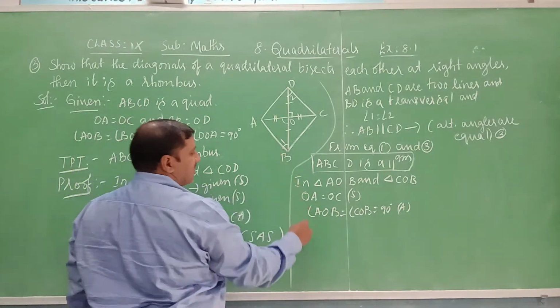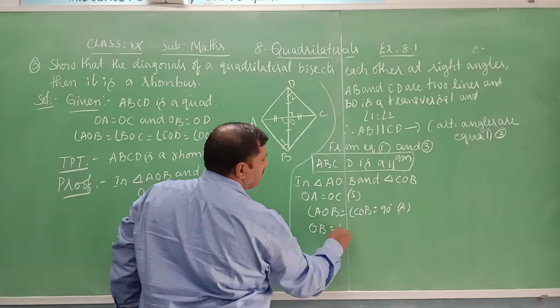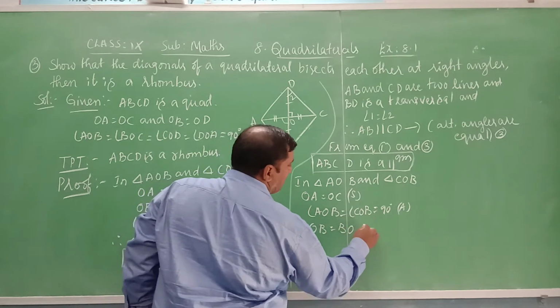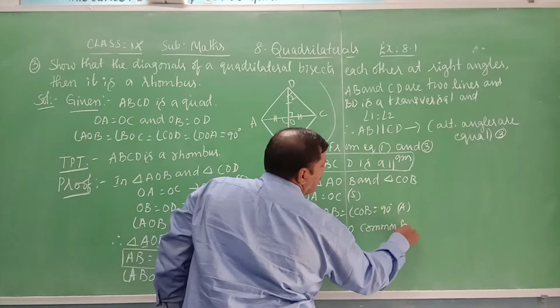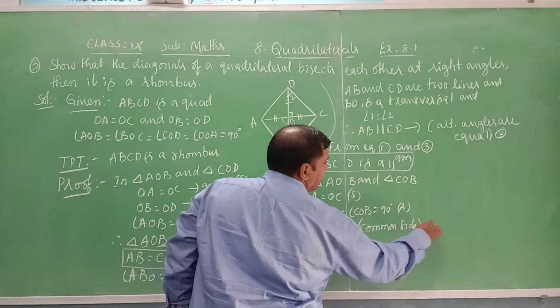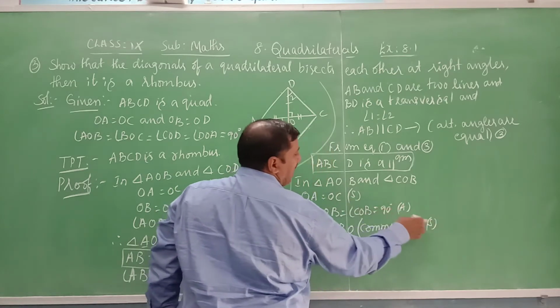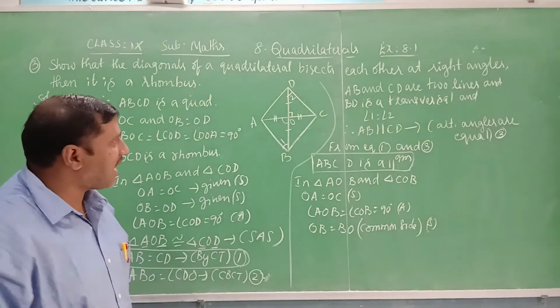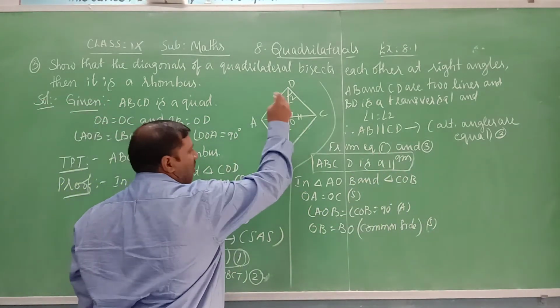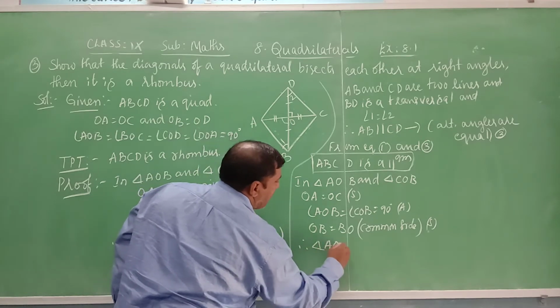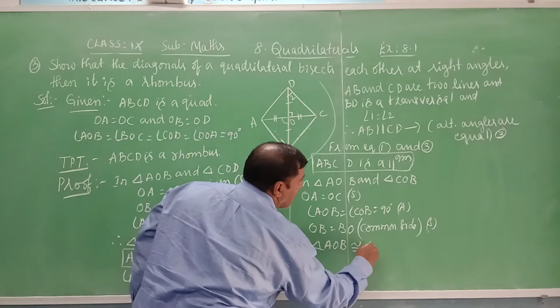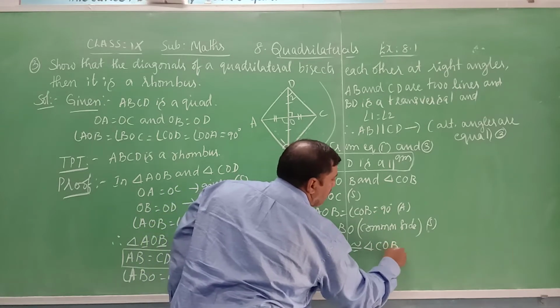Now OB is equal to BO, that is common side, that is side. Now side angle side. Now these two triangles are congruent triangles. Therefore triangle AOB is congruent to triangle COB by SAS congruency rule.